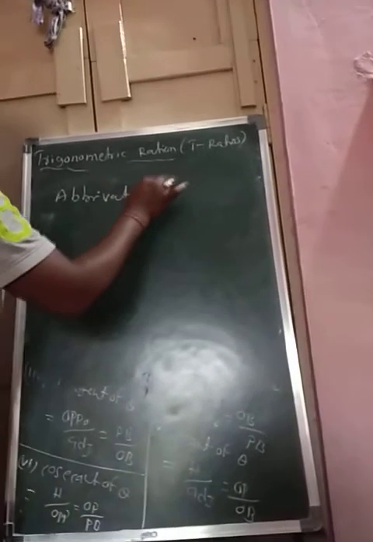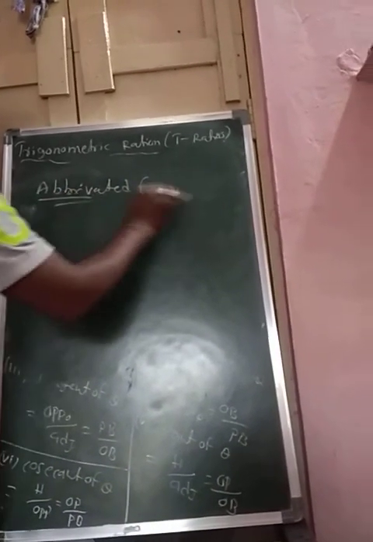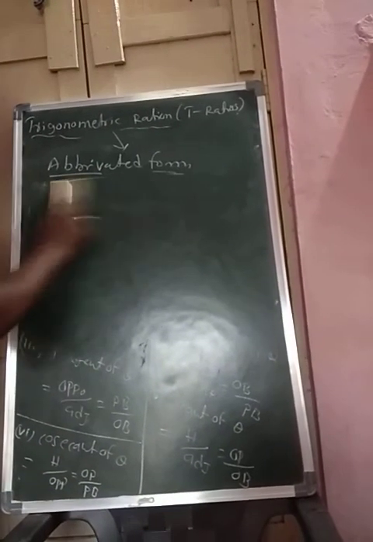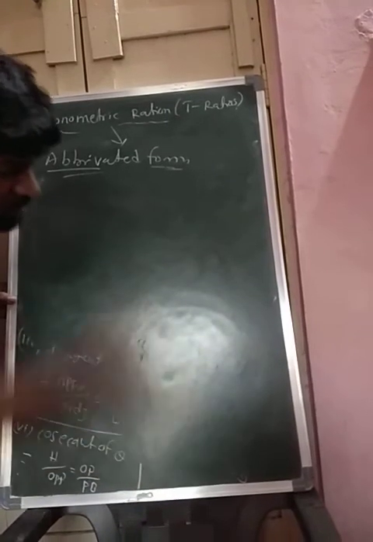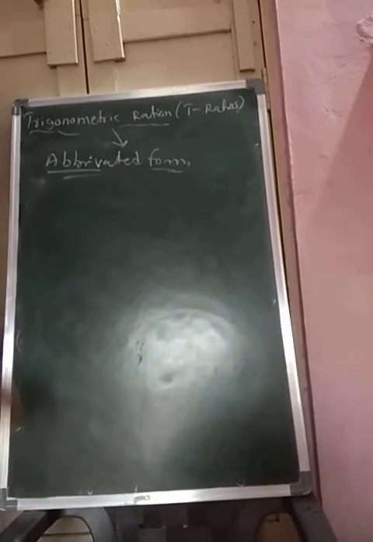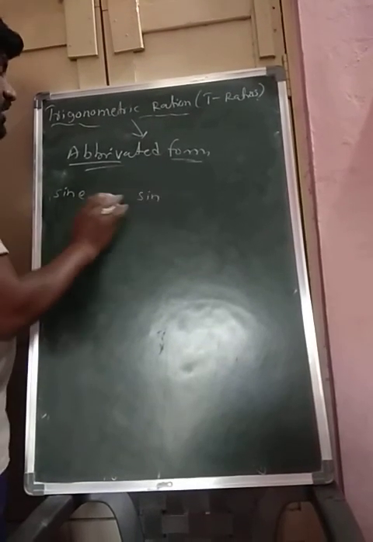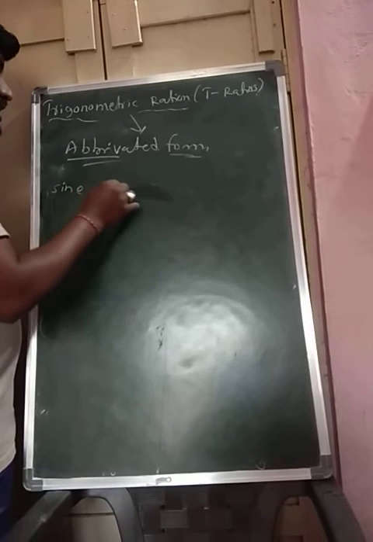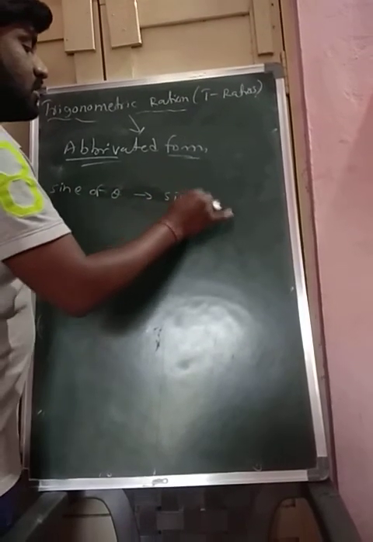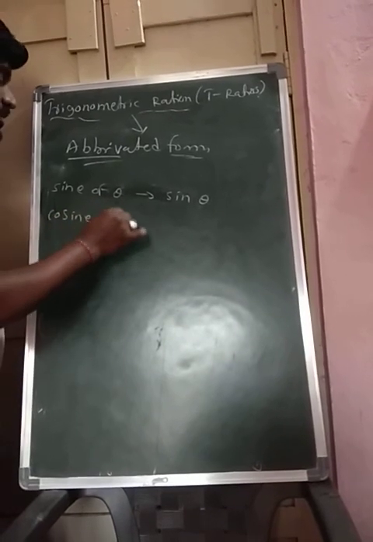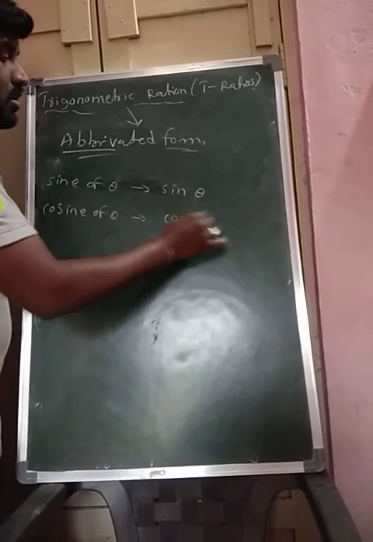So now, the abbreviated form of T ratios. Throughout trigonometry we use only the abbreviated forms. Sine of theta is simply sin theta. Cosine of theta is cos theta.